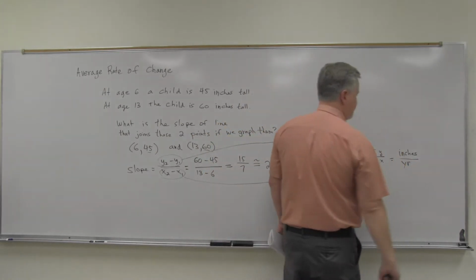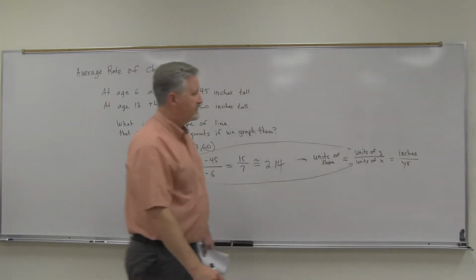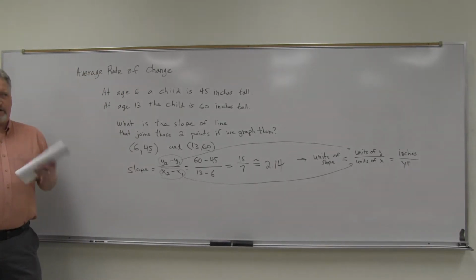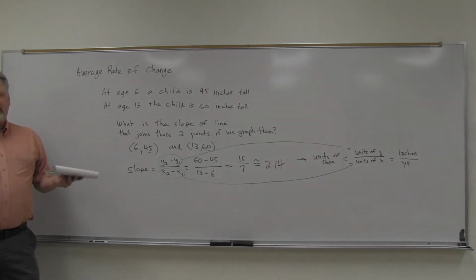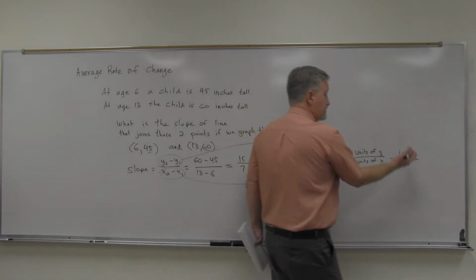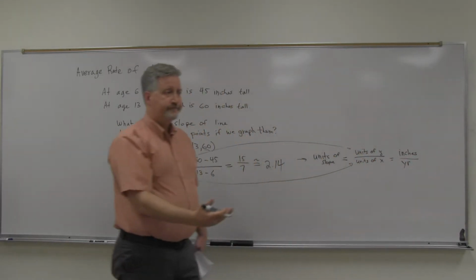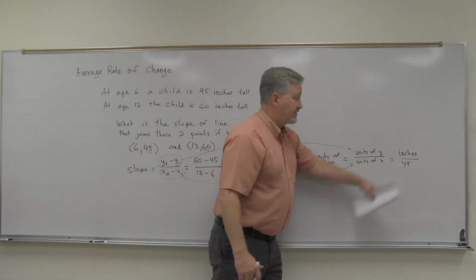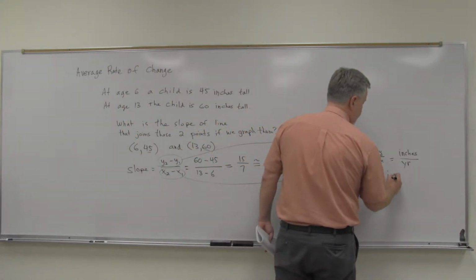The reason I mention that is because this is one way we can see where this idea of rate of change comes from, because it's inches over year, or inches per year. Sometimes you read something like that as inches per year.